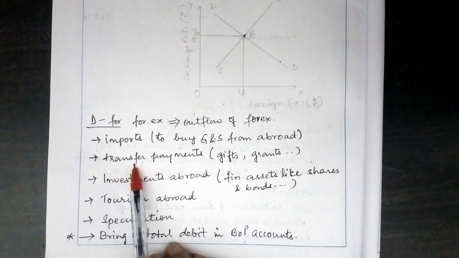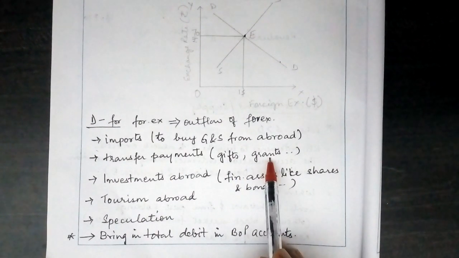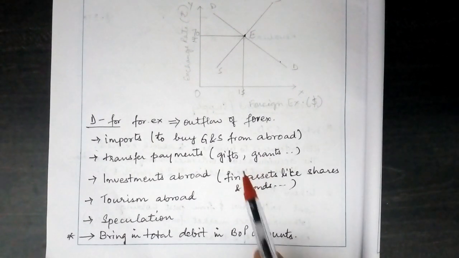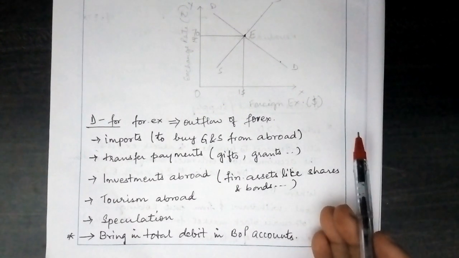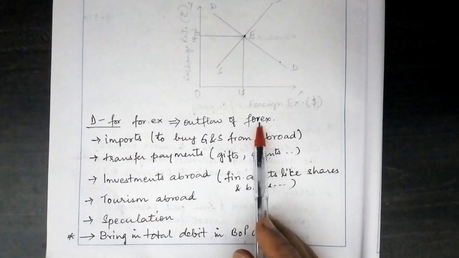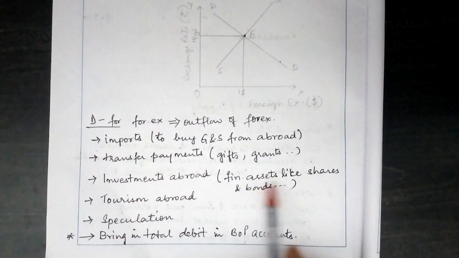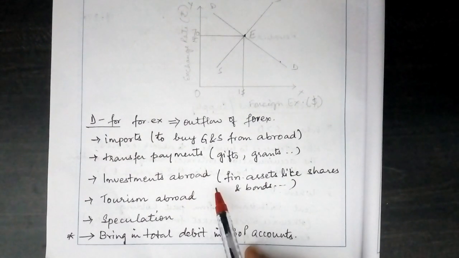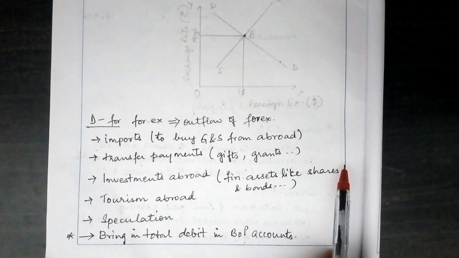Then when we make transfer payments, for example gifts and grants, if you are gifting somebody who is staying in America or Europe, then you have to pay in terms of rupees to those people living outside the country. So there is an outflow of foreign exchange. Similarly, when investments are made abroad, like the financial assets in shares and bonds, etc., then you have to invest abroad, and so the money moves out of the economy.